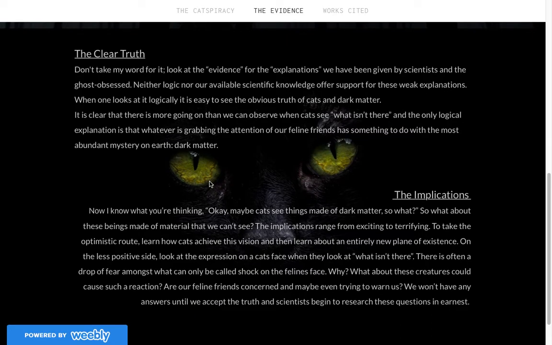Okay, the clear truth. Now this one is probably the worst logical fallacy, and a pretty common one. The main one here is ad hominem, which is when you attack an opposing party's character rather than their rationale, and we see that in things like politics.